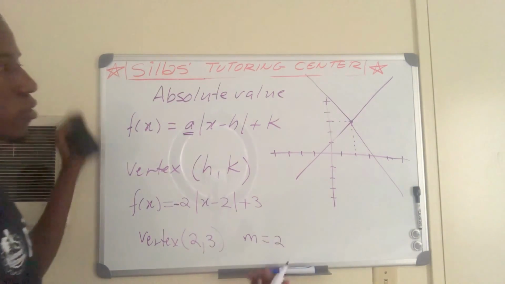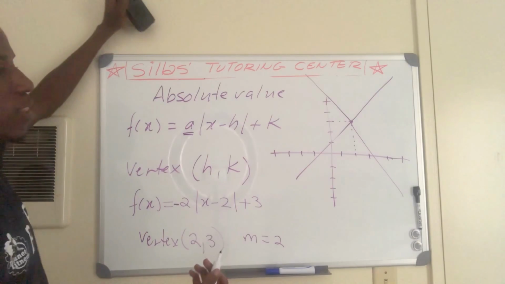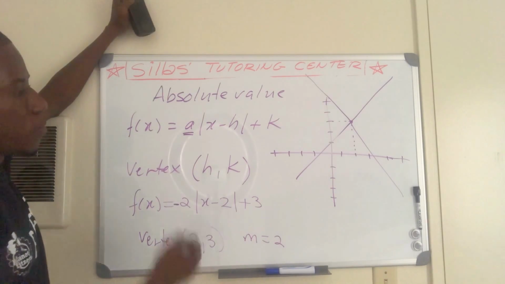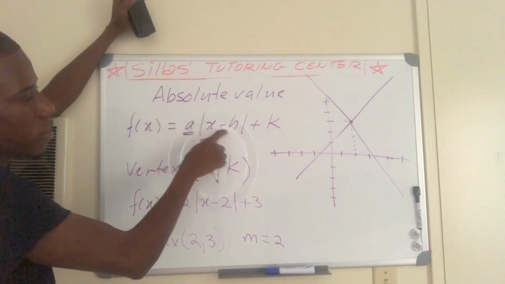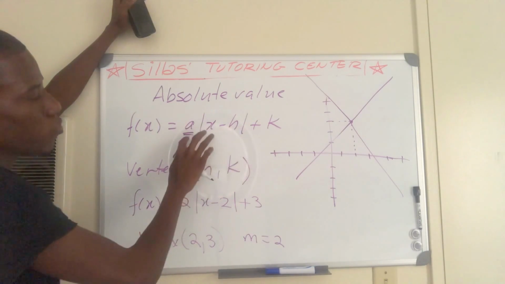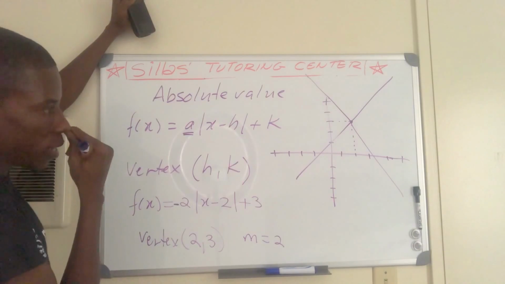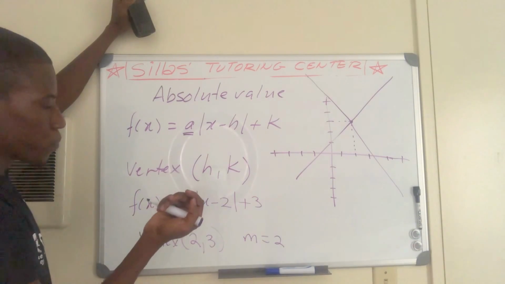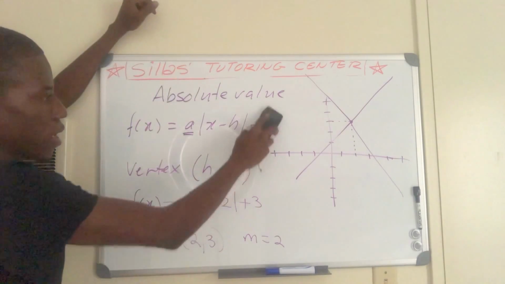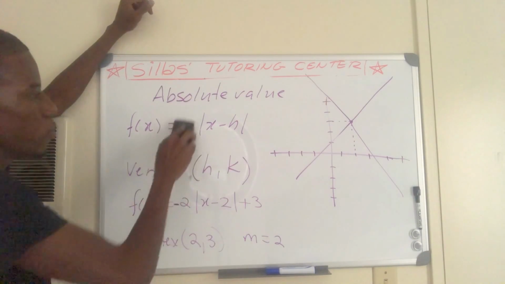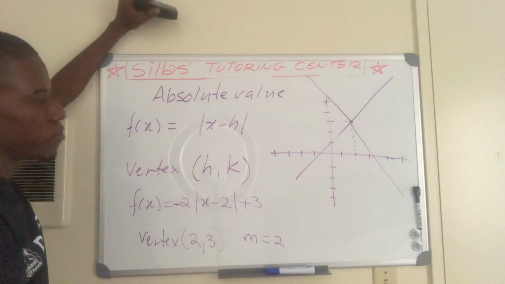So studying the behavior of a function is basically telling you that you have to look at the number that is in front right here, and this number and this number. You have to look at these 3 numbers to find out. Okay, so the most basic absolute value function doesn't even have a k or an a, which means a is equal to 1.